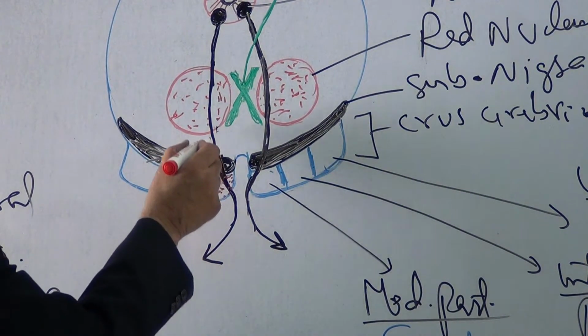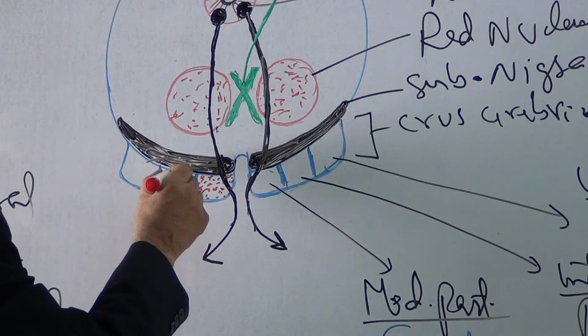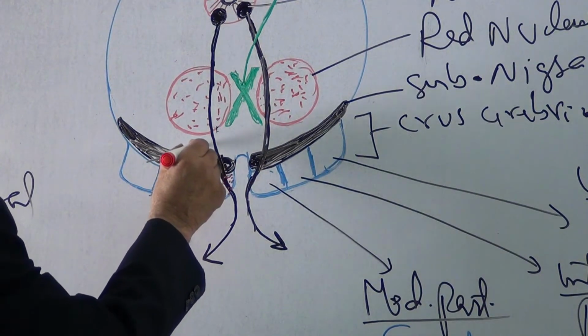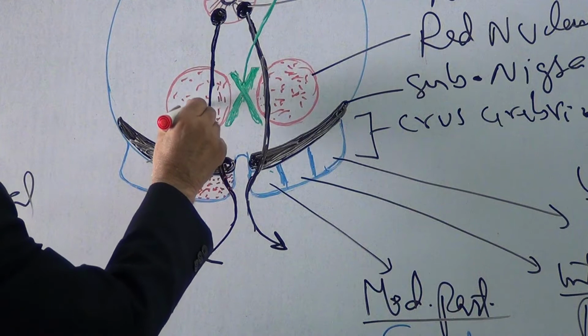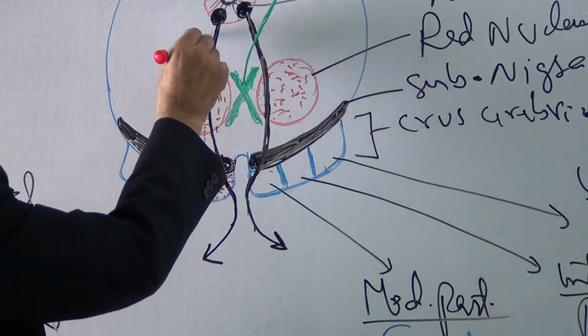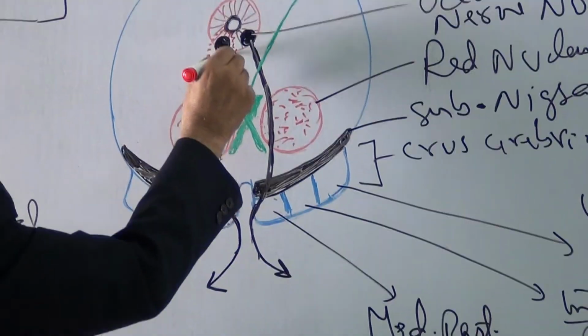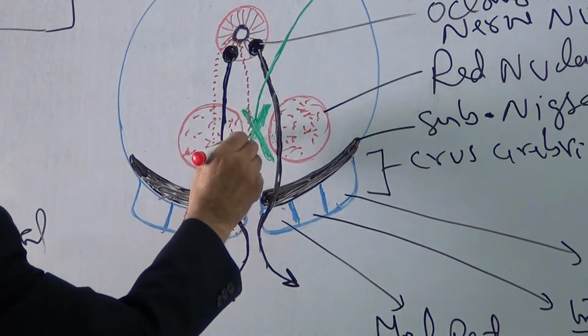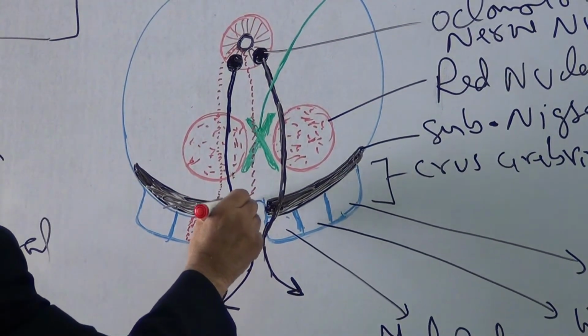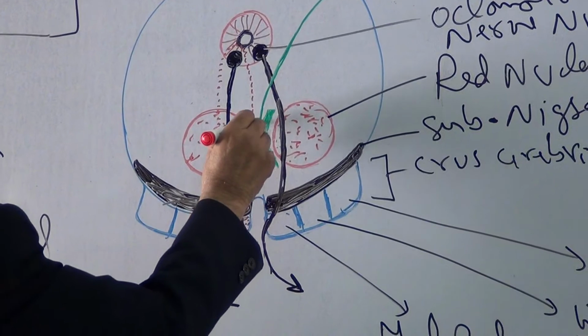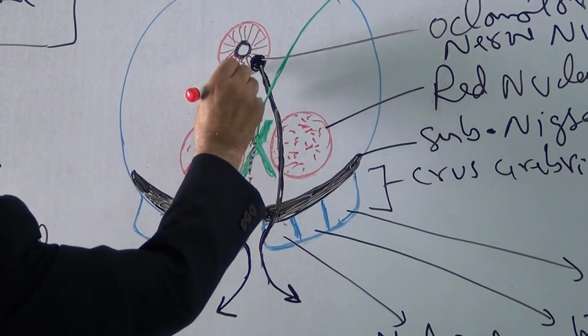Next, the medial part of the substantia nigra, red nucleus, oculomotor nucleus, and ventral tegmental decussation.